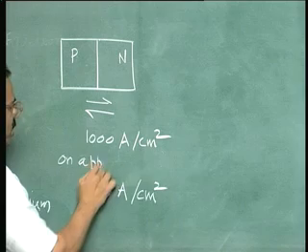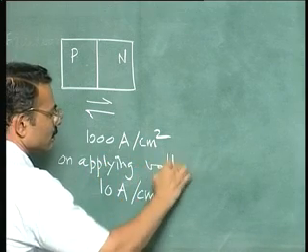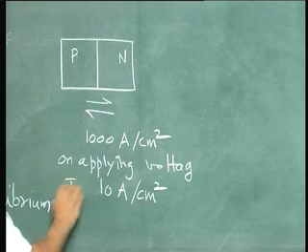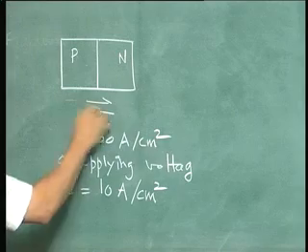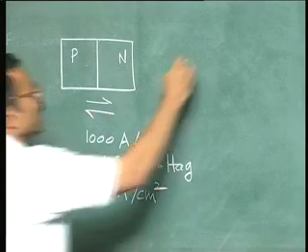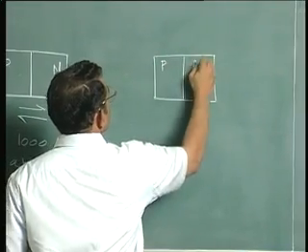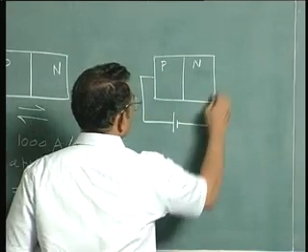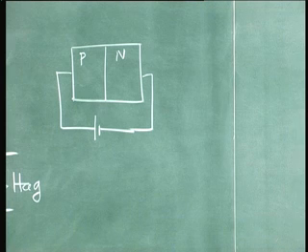On applying voltage, I is 10 ampere per centimeter square. So this is equilibrium condition. If I were to show after application of voltage, obviously this is valid only for some voltage that is applied, but I am just taking one practical example.